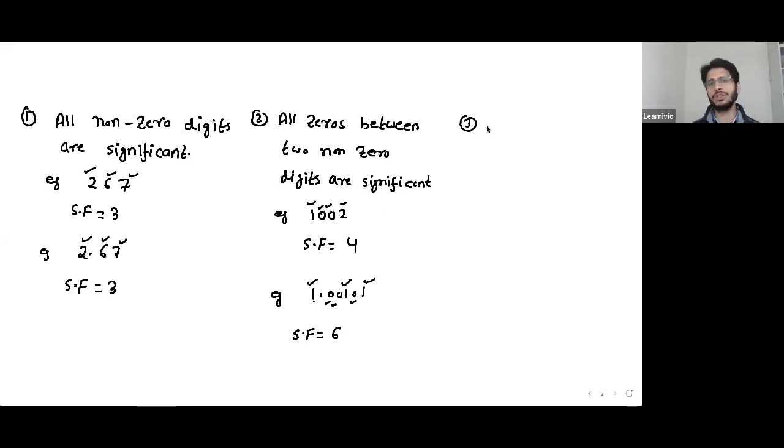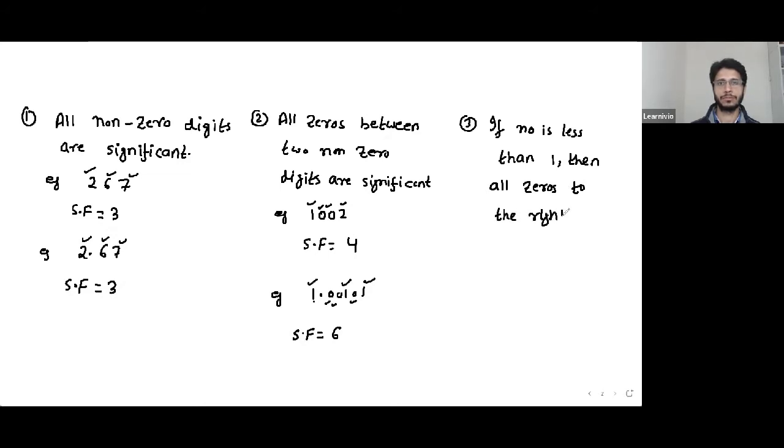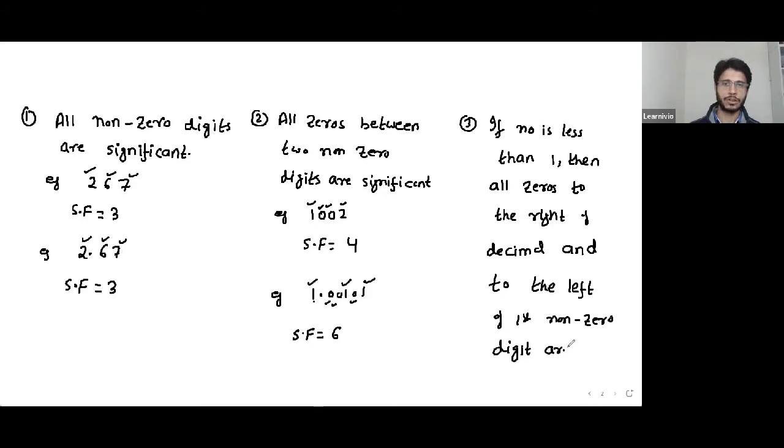Next, if you have a number which is less than 1, then all zeros to the right of decimal and to the left of first non-zero digit are not significant.